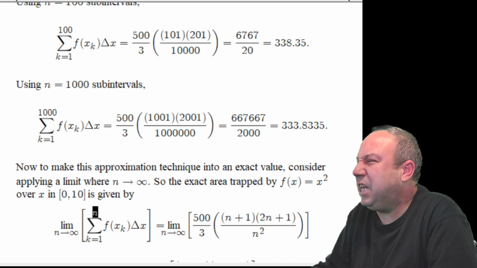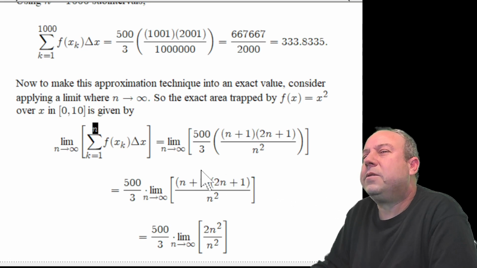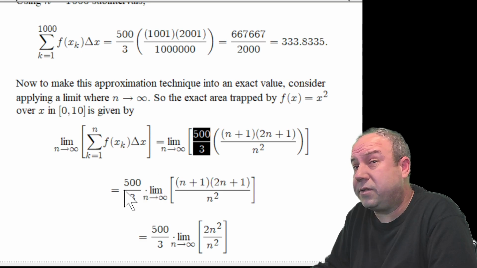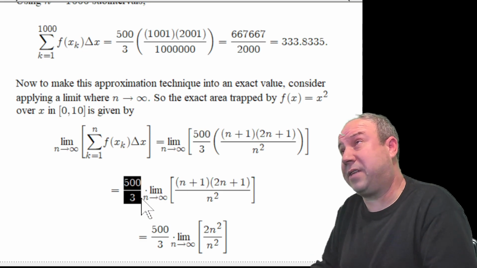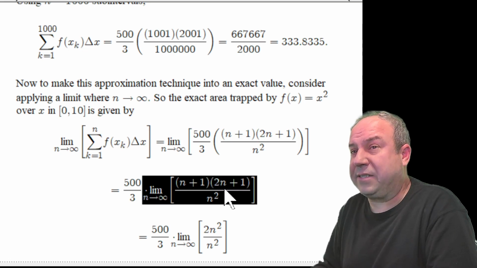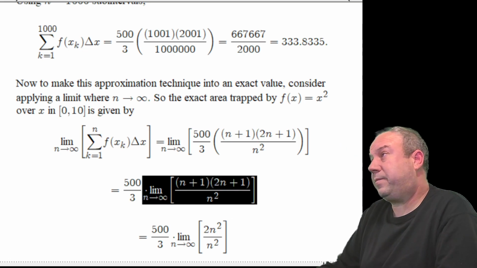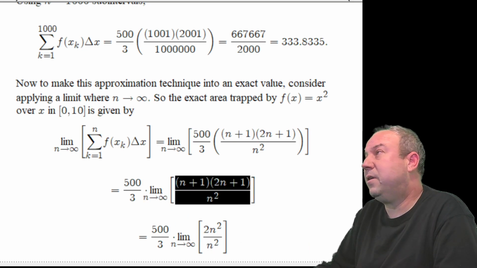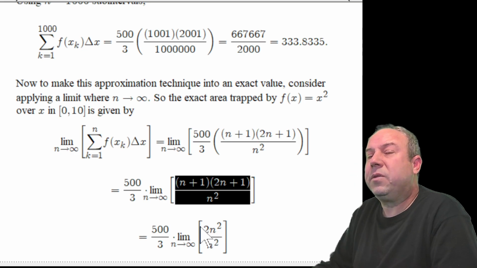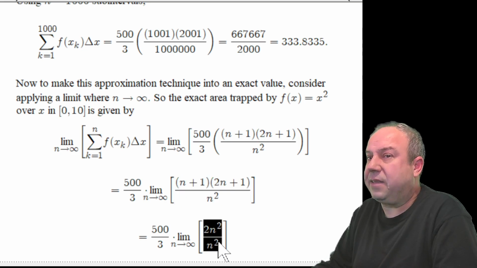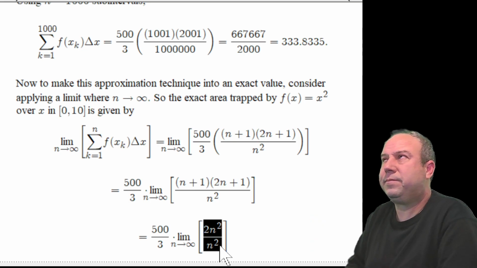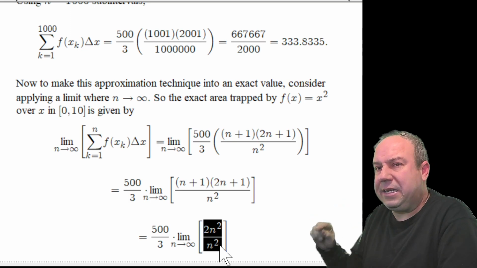So if we continue to evaluate this limit, we will notice that 500 thirds is a constant multiple, and it'll factor itself outside of the limit and become just a constant multiple of the limit. Now, if we consider evaluating the limit as n heads to infinity for this rational form here, we will note that the limit of this rational form will behave like the ratio formed by the leading terms.